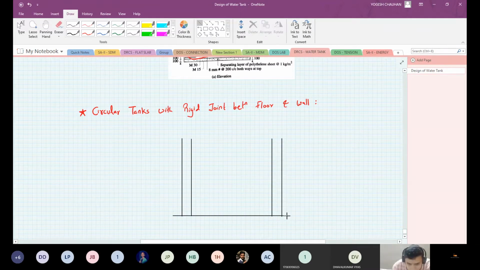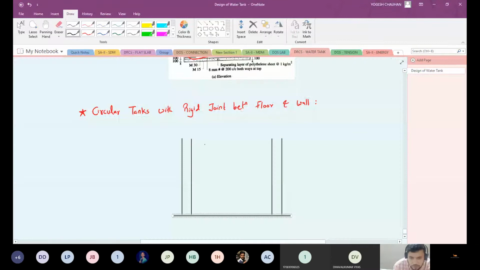Let this be the floor or base of the tank.